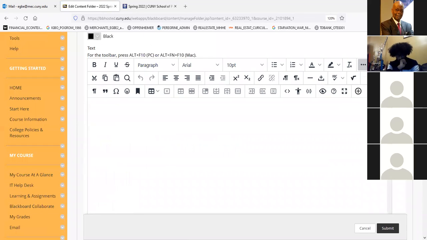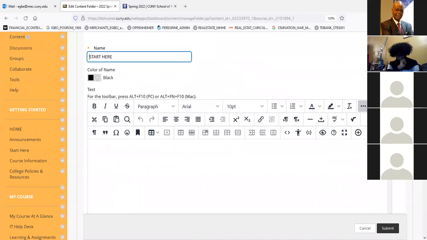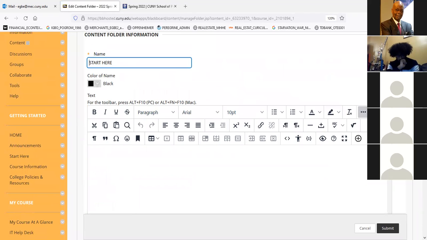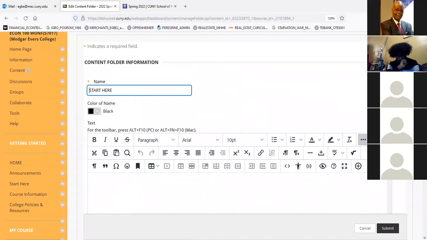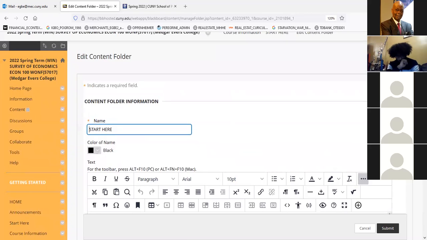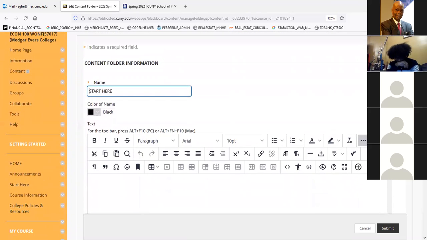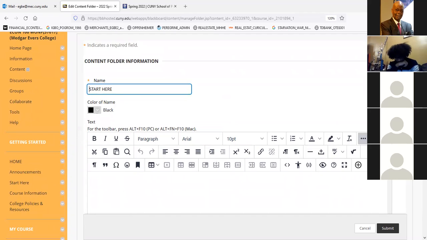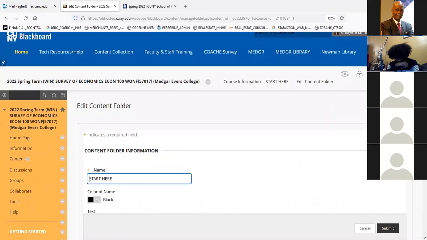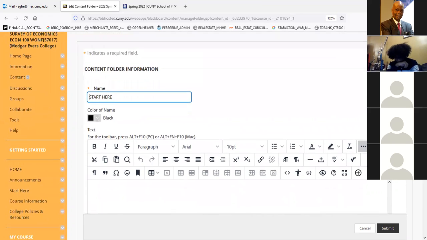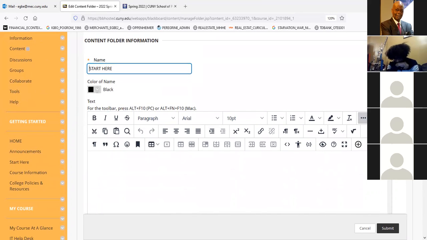I don't see the attachment. Where can I make an attachment here? This whole system is changing. So edit link.